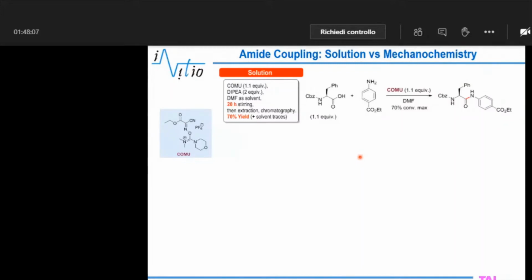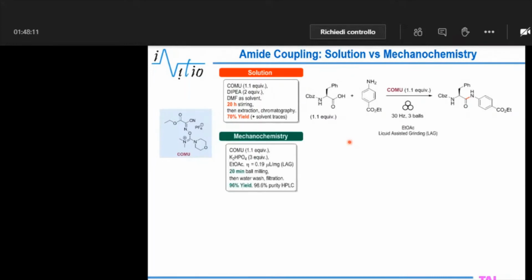So now let's compare with mechanochemistry. You do it mechanochemically just by grinding solids. So again, we have a coupling reagent, of course. This time we can replace our organic base with an inorganic one, which is very cheap and safe.